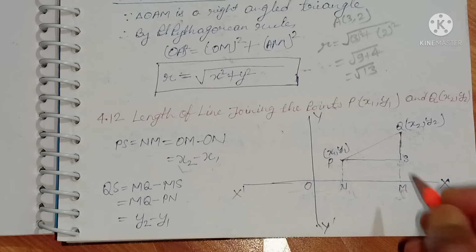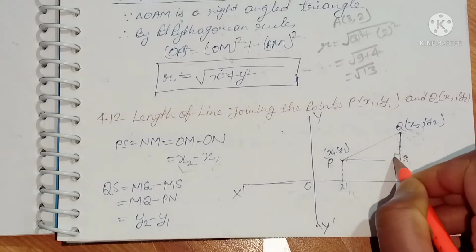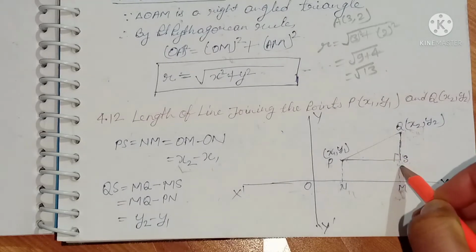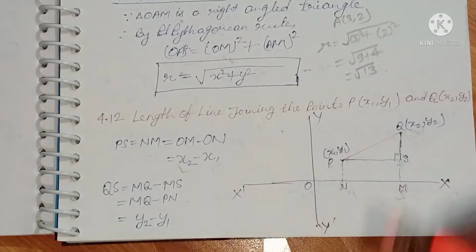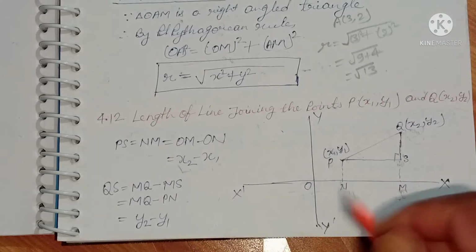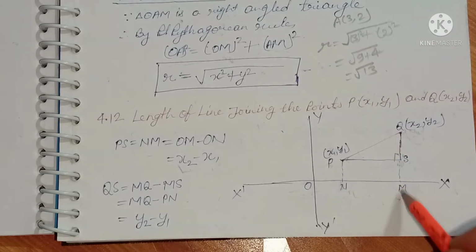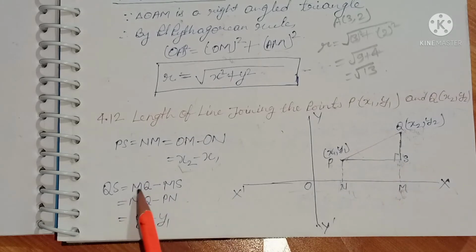How can we get that QS? QS is the vertical distance, so we can write QM minus SM. QM minus MS, we will get QS. At the place of MQ write it as it is, minus, and at the place of MS, since MS and PN are equal, we can write PN.